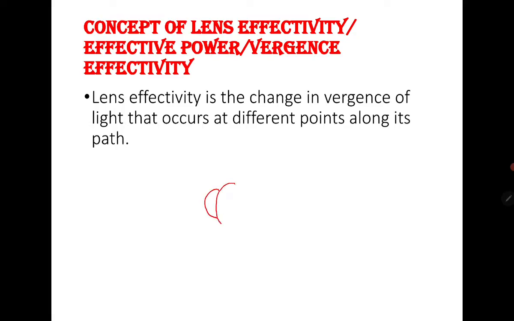Suppose this is our eye, this is a hyperopic eye, and the far point is here. And suppose this is the spectacle lens, and as we discussed earlier, the secondary focal point of the lens coincides here.